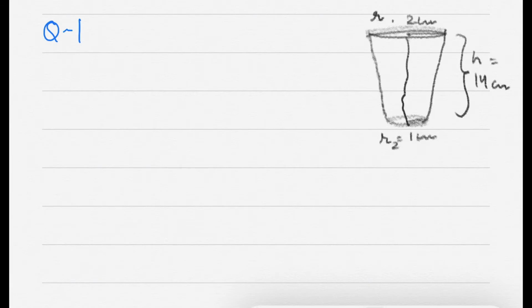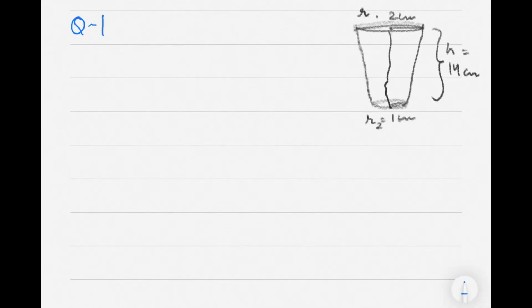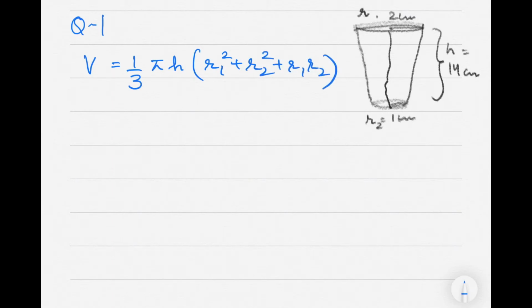Now let's write down the formula for volume. The volume of the frustum is equal to 1 by 3 pi h into r1 square plus r2 square plus r1 into r2. Now let's substitute the values.